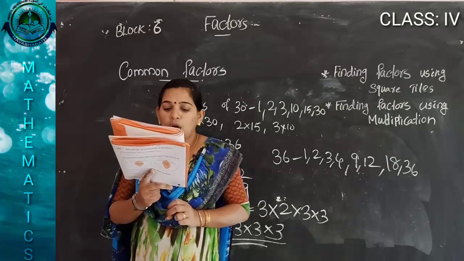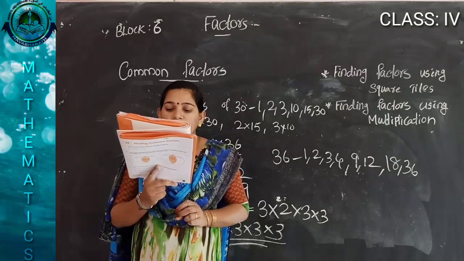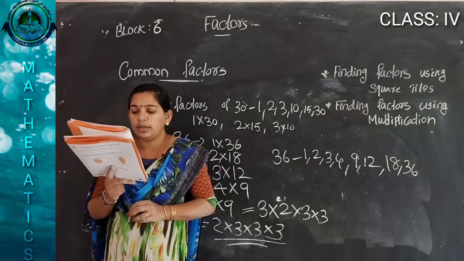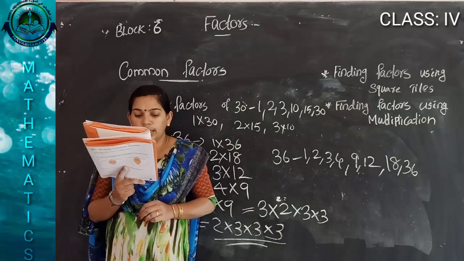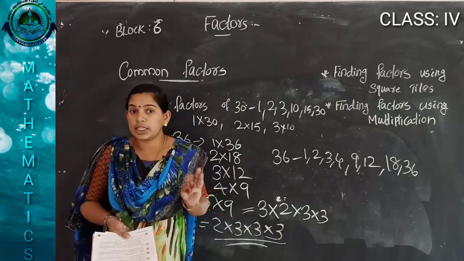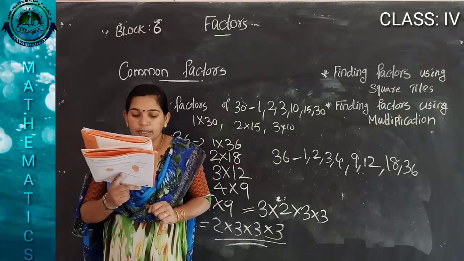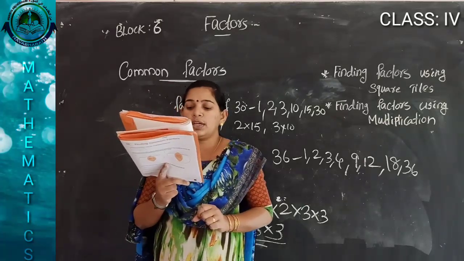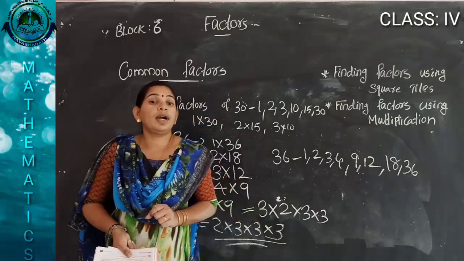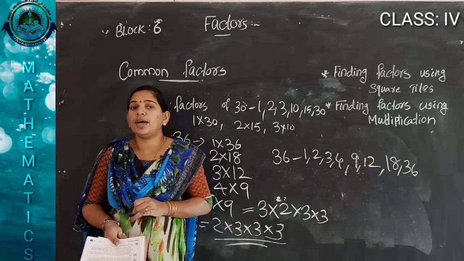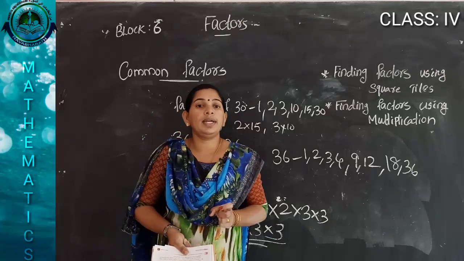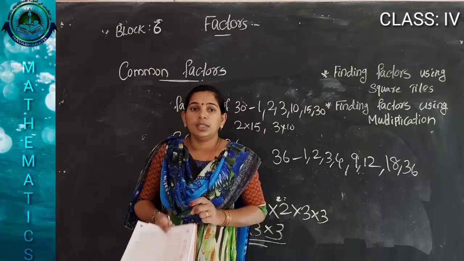Second, the only common factors of 20 and 40 are 1, 20 and 40. Find the factors of 20 and the factors of 40, then find out the common factors. There are no common factors of 75 and 100. You write all factors of 75 and all factors of 100, and find out the common factors.